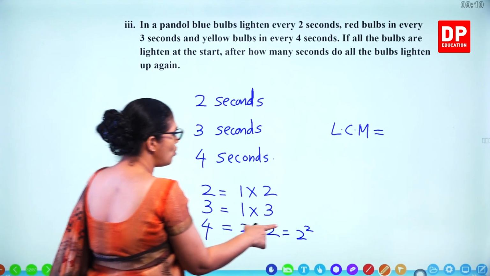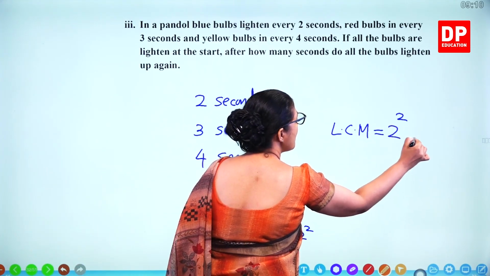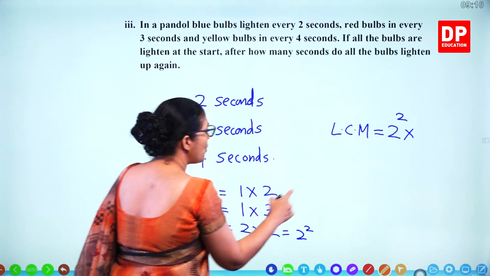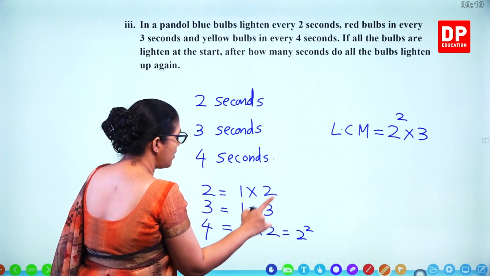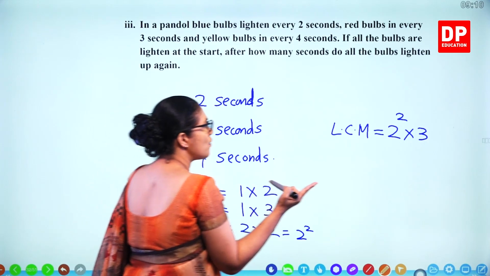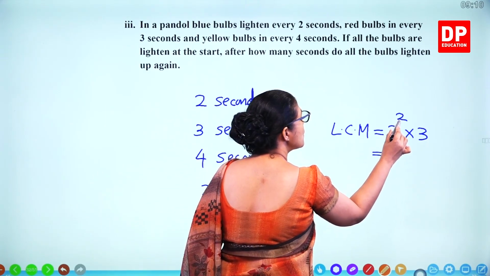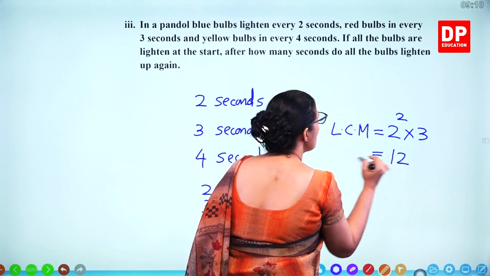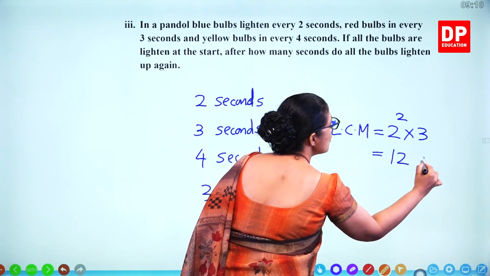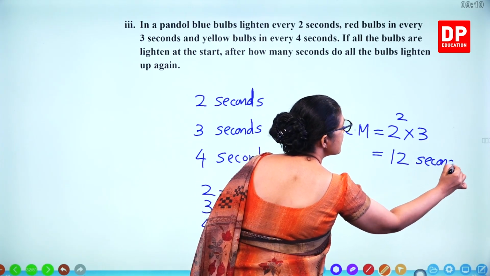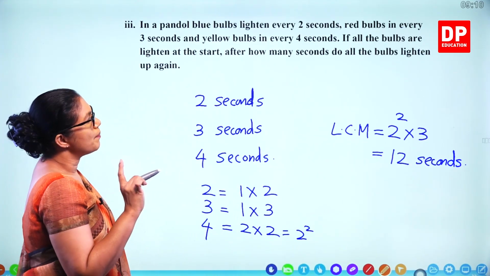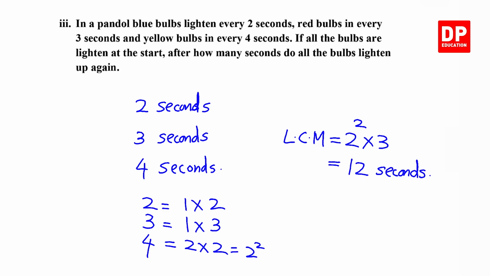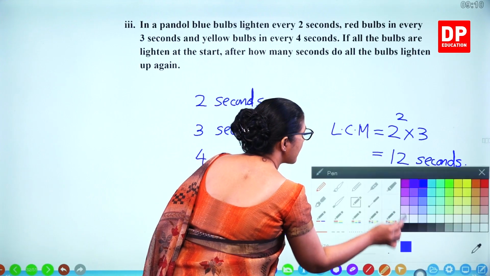When you take 2, 2 to the power 2 is the highest power. When you take 3, that's once. And 1 is there, so you don't need to write 1. 2 to the power 2 is 4. 4 times 3, 12. So this is in seconds. So after 12 seconds, all the bulbs will light up.